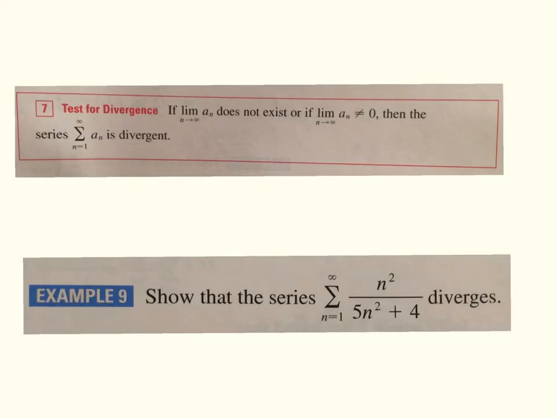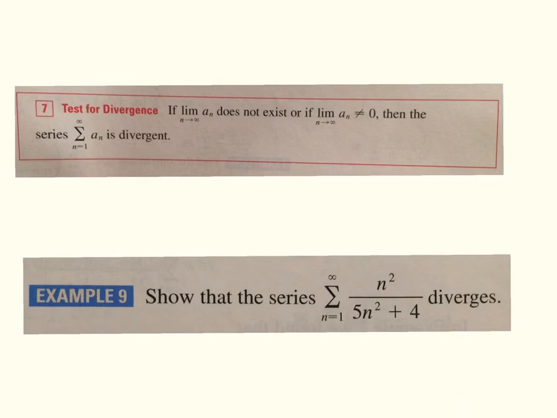So in this chapter, we're going to learn a bunch of different tests for convergence or divergence. The first one's got a very simple name. It's just called the test for divergence. It says that if the terms of a series do not go to zero, then the series is going to be divergent. In order for something to converge, the terms have to get small.